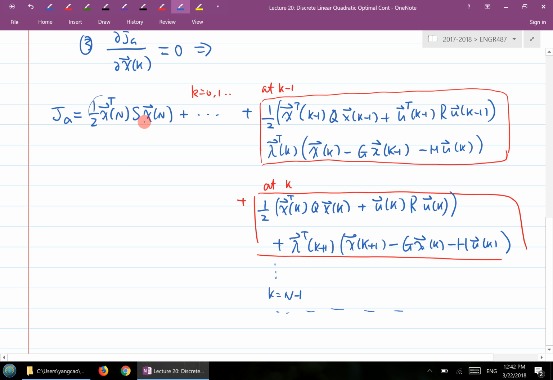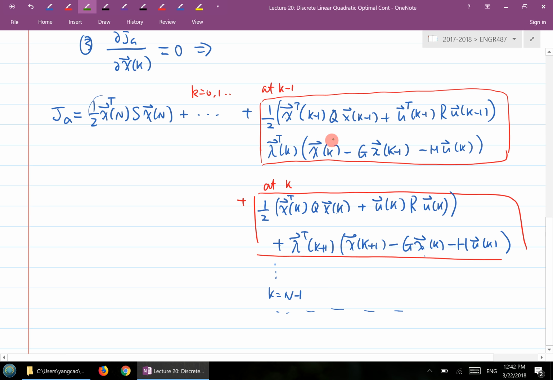So now we just have to look for anywhere that has an x of k term. So here you have x of k, here you have x k, and of course here you have x k. That's the only place you have x of k terms.